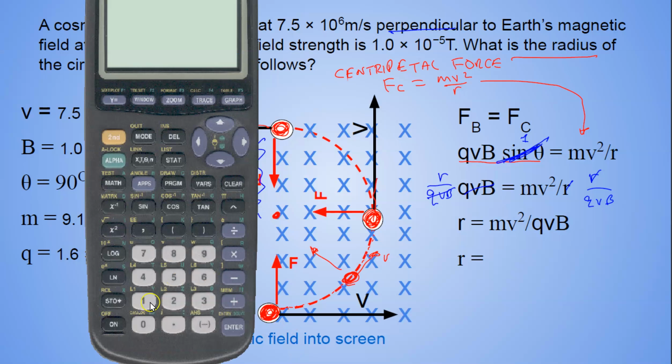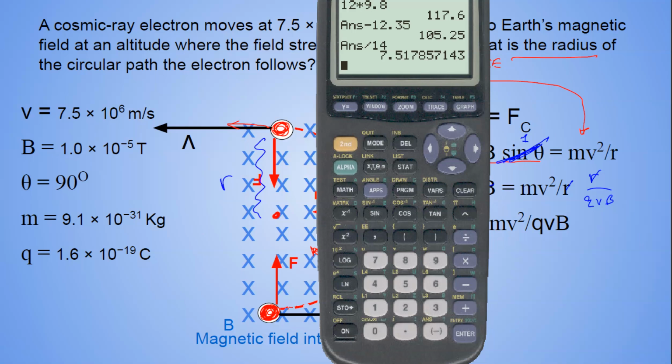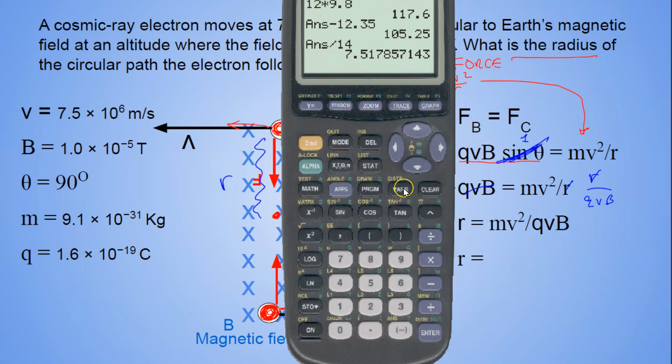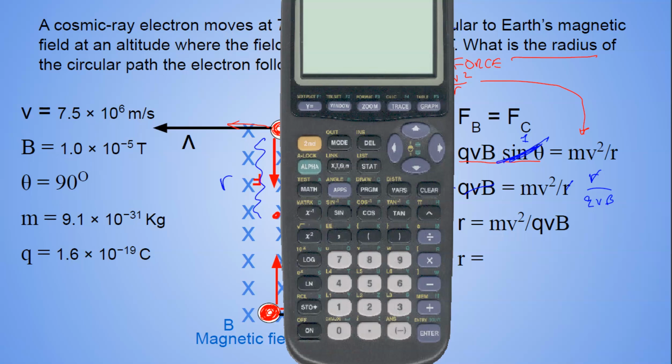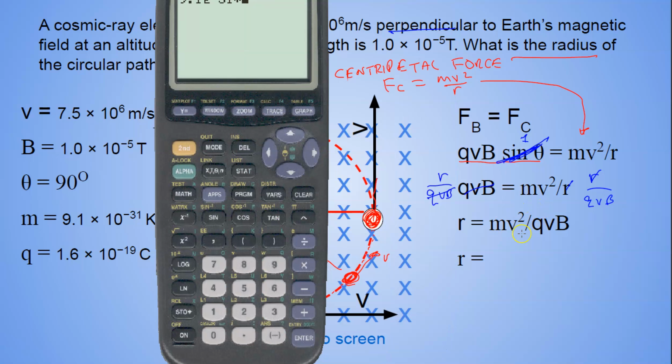And so I've got 9.1 times 10 to the negative 31 times v squared.